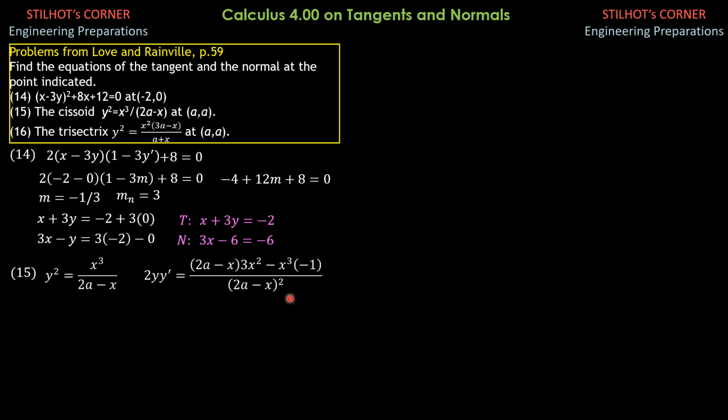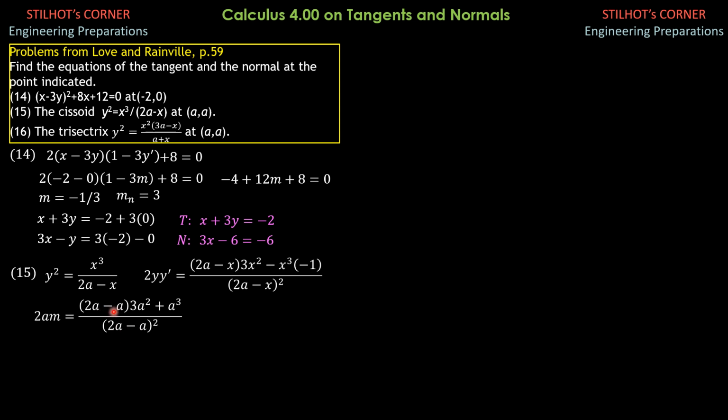Now replacing x by a and y by a, and y' by m, we have 2am = [(2a - a)(3a^2) + a^3]/(2a - a)^2.